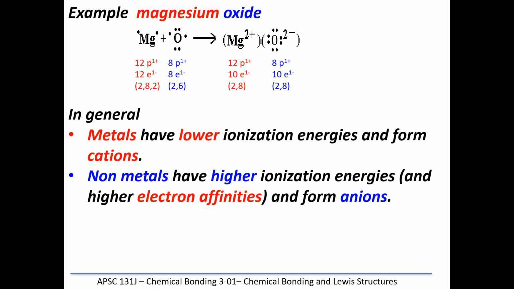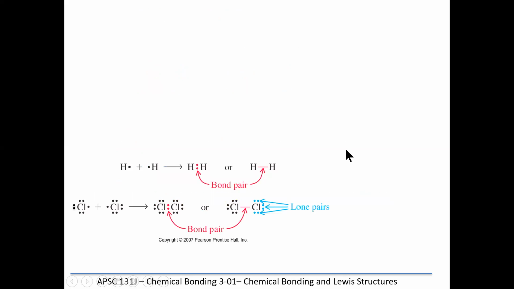The electrons tend to get pulled closer to the nucleus as you move across the periodic table. You've got the same number of energy levels, but more protons in the nucleus that are pulling on the electrons. So nonmetals tend to form anions or negative ions, and metals tend to form cations or positive ions because they lose electrons and nonmetals gain electrons.